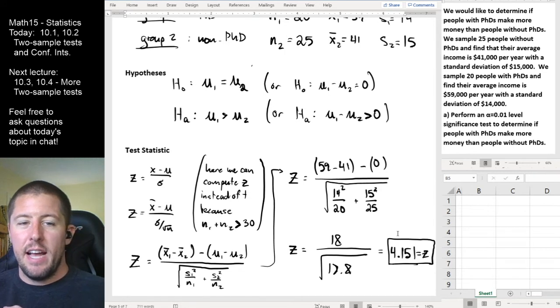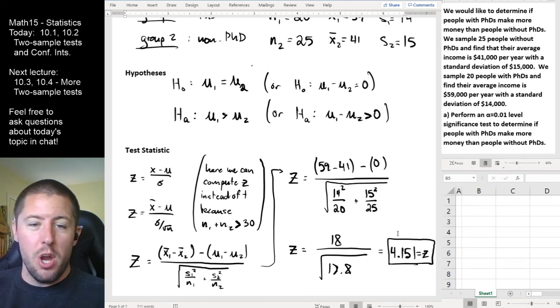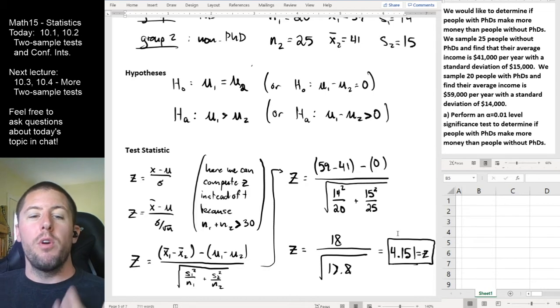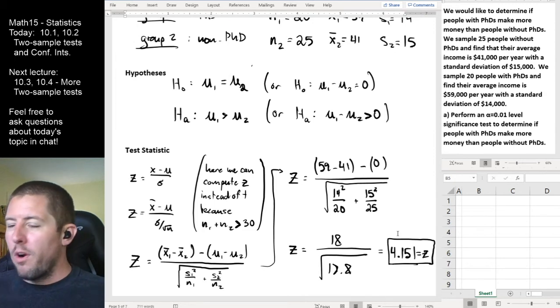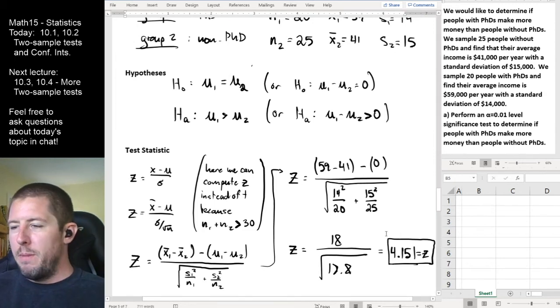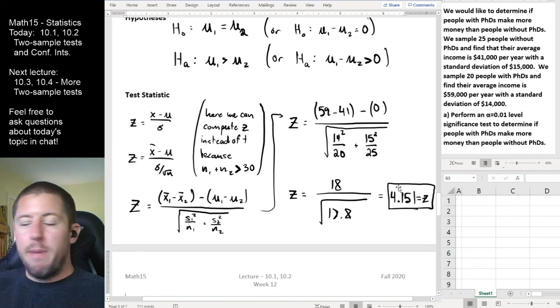And this is saying to us, if it really is true that there's no difference in salary between PhD and non-PhD people, then these two samples that we just drew would represent samples that are in total more than 4 standard deviations from the average expected result. That's a lot of standard deviations away from the mean here. So what I'm expecting is that this probably represents a pretty dang rare event.